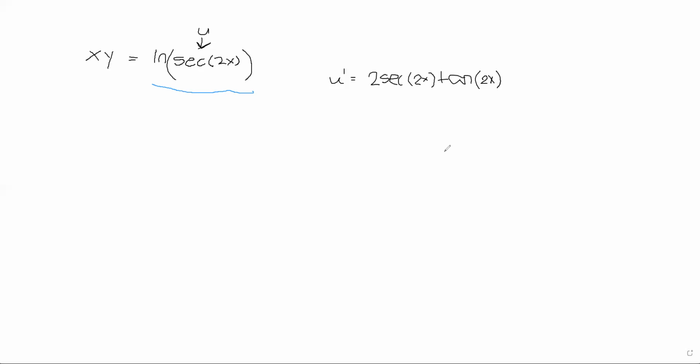Yep, and then the chain rule tells us we take the derivative of 2x, and that's where this 2 right here comes from. Yeah, so that's the derivative of the inner function times 2. So on top is going to be 2 secant 2x tan 2x, and then all over secant 2x.